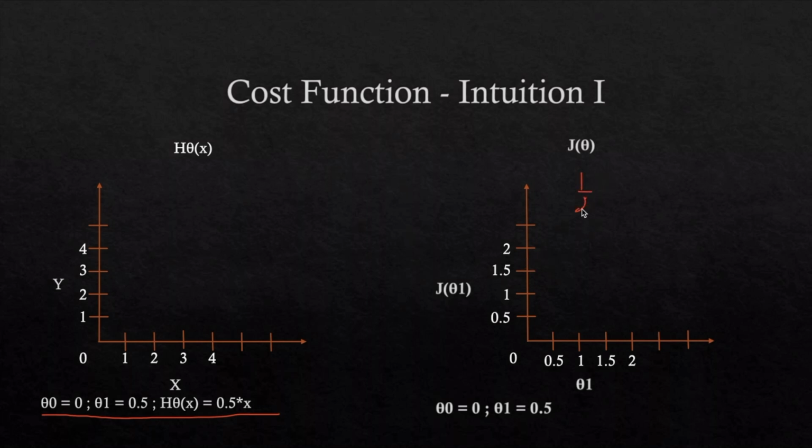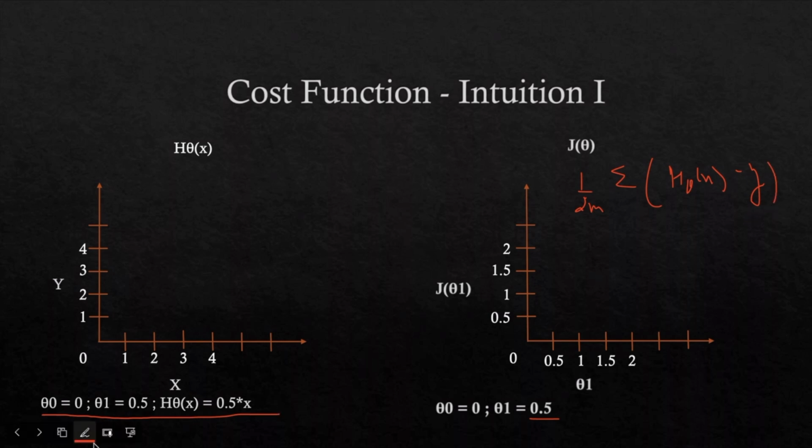1 over 2m sigma, let's take the values inside it. So we have theta 1 equals 0.5, so that's okay, and we have to write it like this: h of theta x minus y.